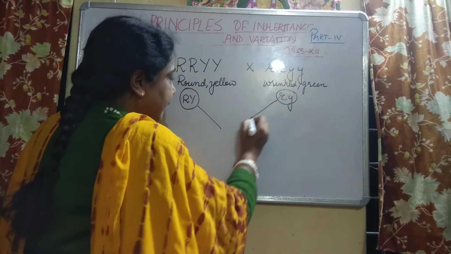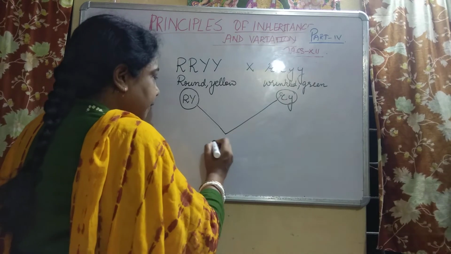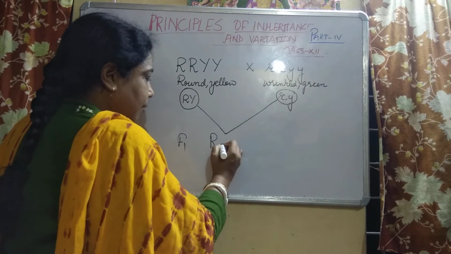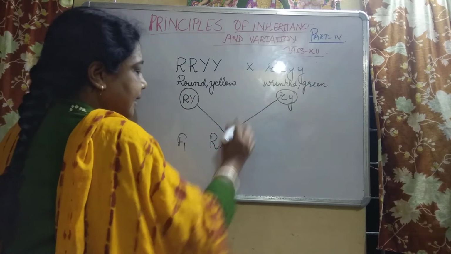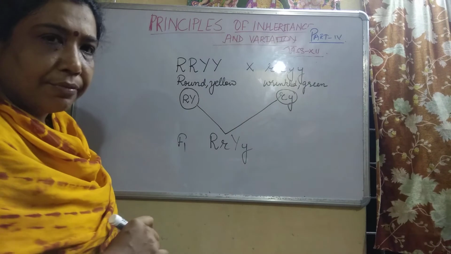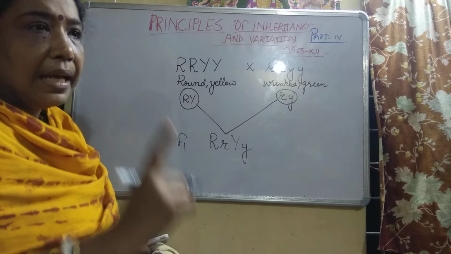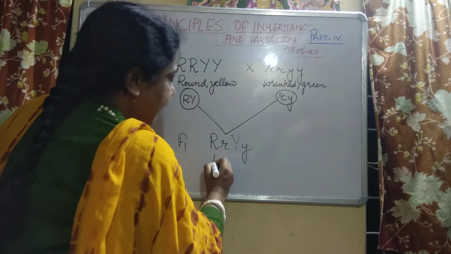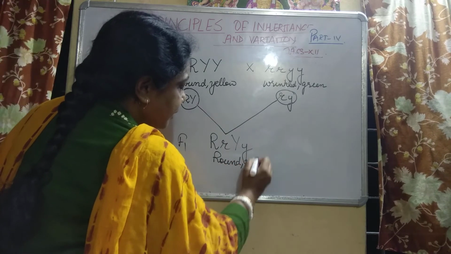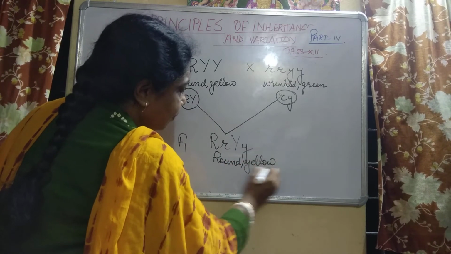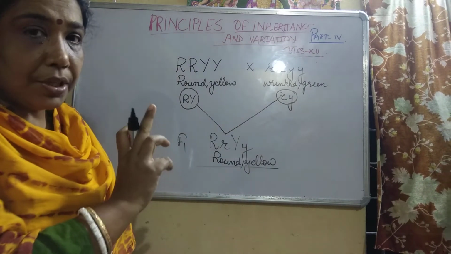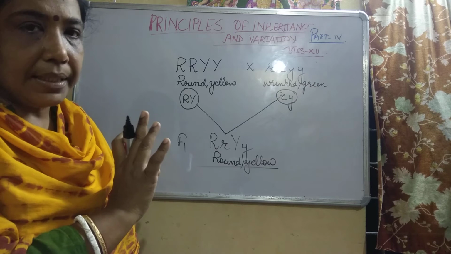On coming together, in the F1 generation you will see that all the pea plants have round and yellow seeds. This is the F1 generation.